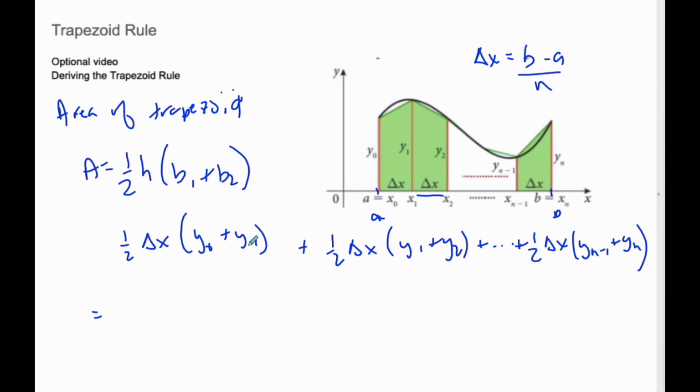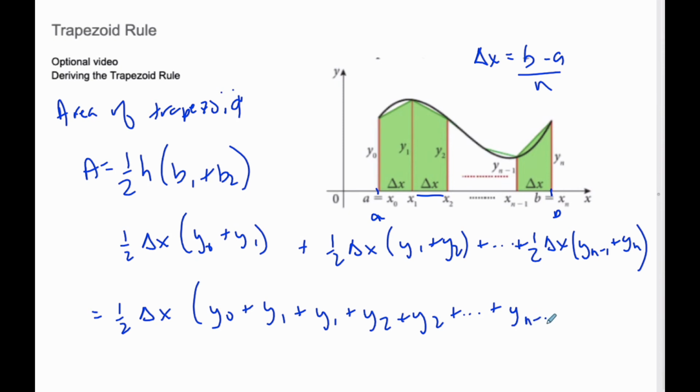So if I look at this formula that I've created, I'm going to pull out a factor of 1/2 and a delta x, and when I do that, I end up with y0 plus y1 plus y1 plus y2 plus another y2 plus dot dot dot plus, going backwards, y(n minus 1) plus yn.